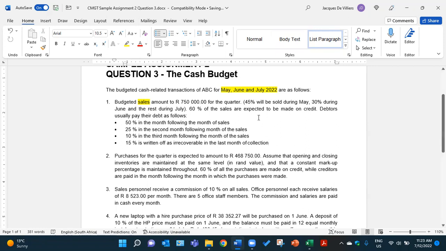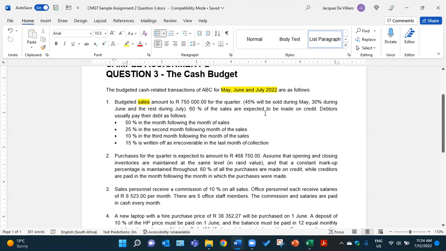So 100% minus 45% leaves me with 55%, and 55% minus 30% leaves me with 25%. They might as well have said 25% during July, but they say the rest. Want to see if we can do basic calculations.